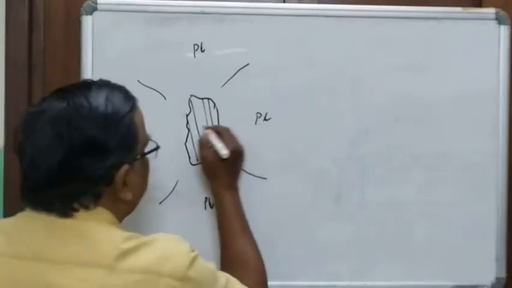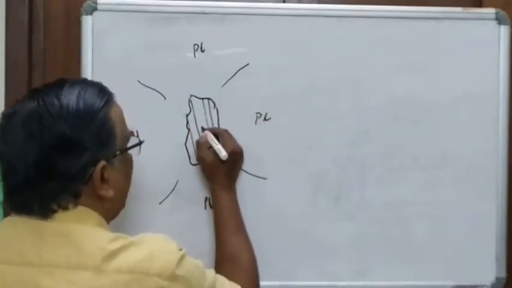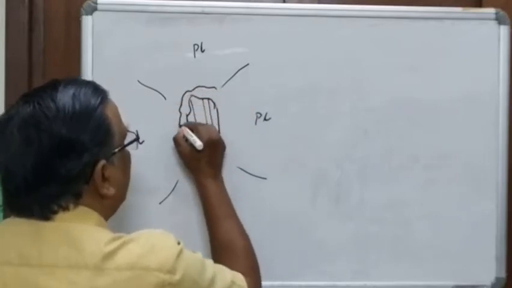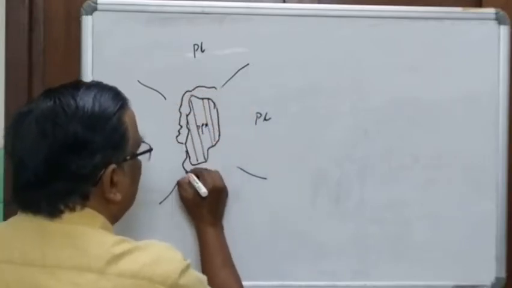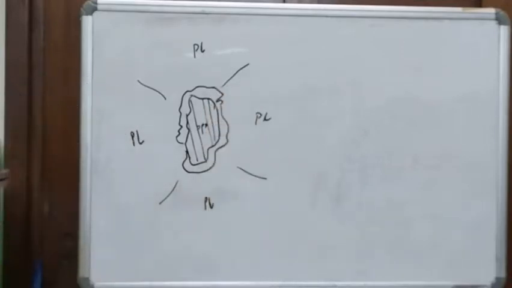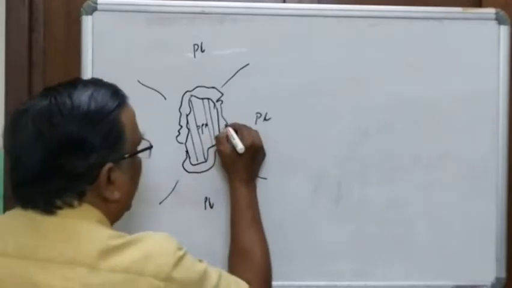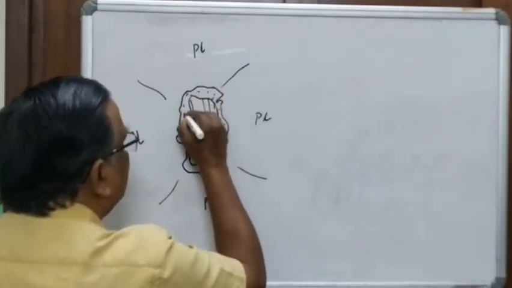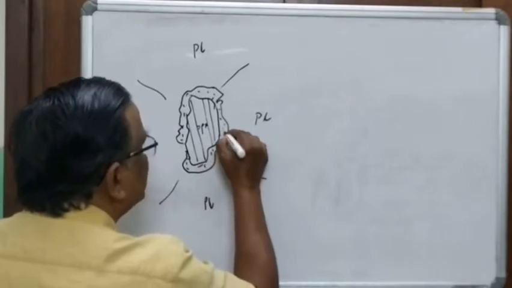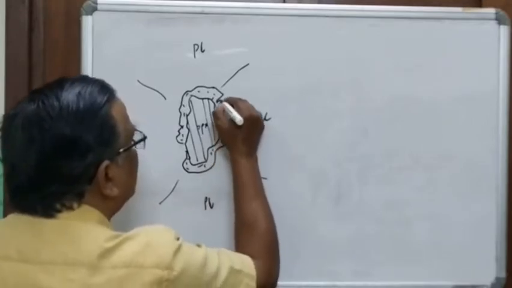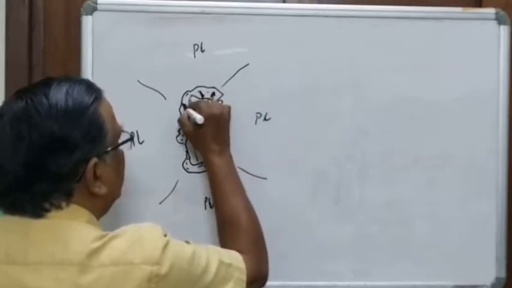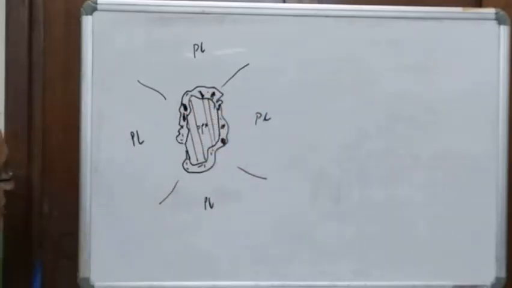And at the contact of plagioclase and orthopyroxene, there is a mineral, and this mineral has some inclusions within it.